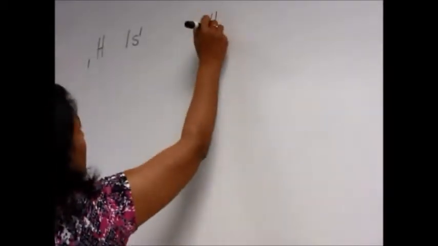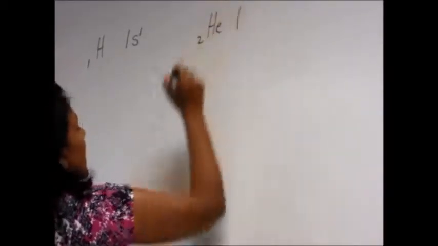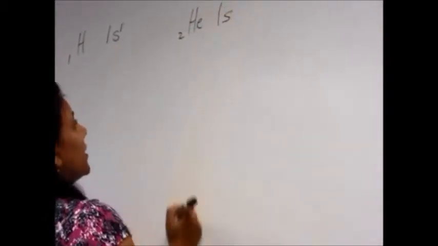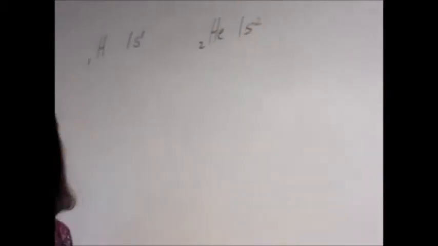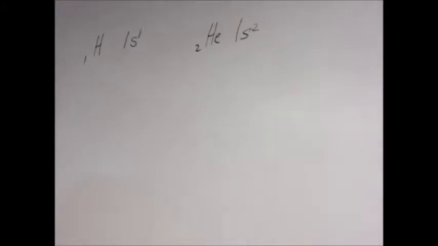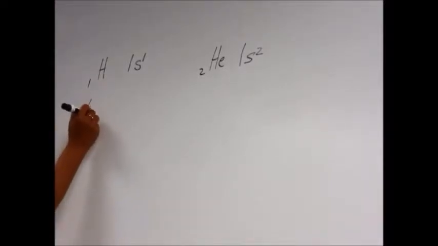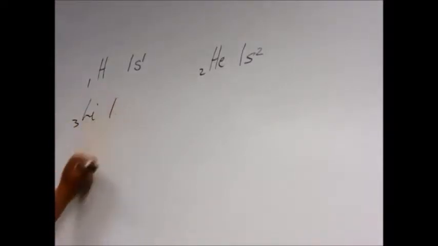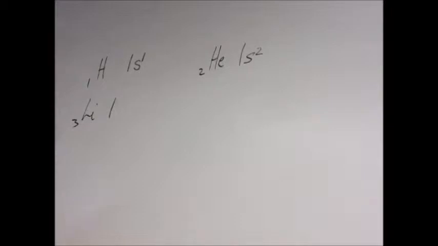If you were to fill out for helium, 2 electrons, now you still have the first shell, you still have the s orbital, and now you have 2 electrons in there. The maximum number of electrons S can have is 2. Okay, so which means that when we start to fill out lithium, I'll have the first shell, because I still got to start with the first shell, S, okay, my orbital, the first orbital.